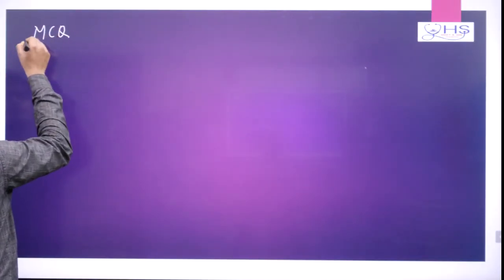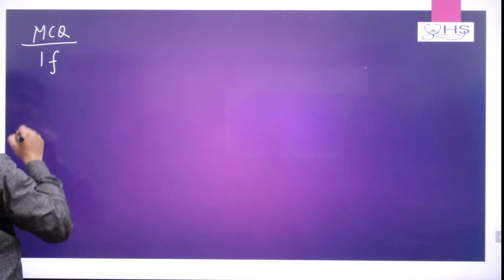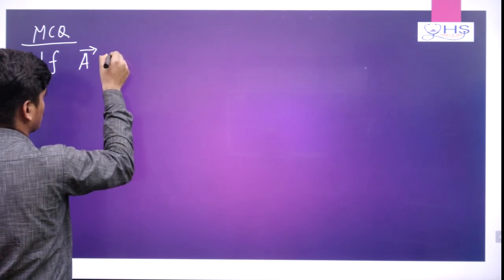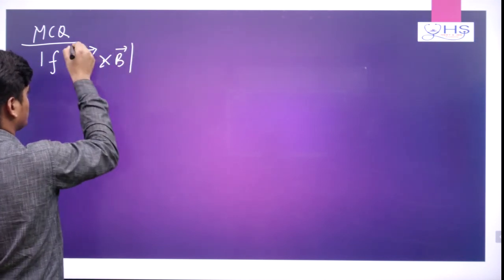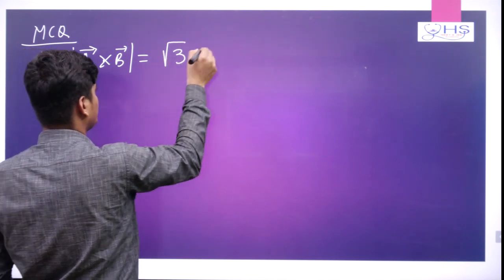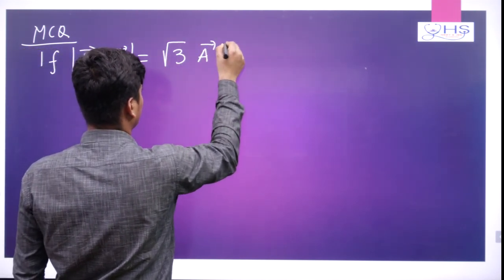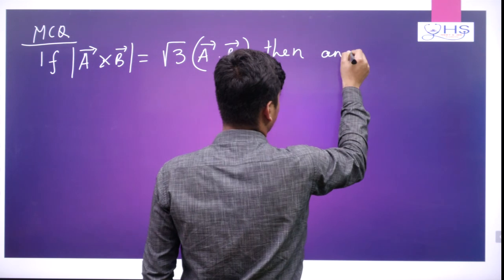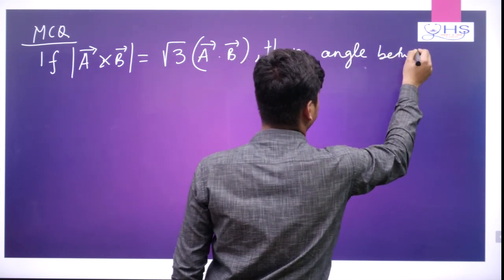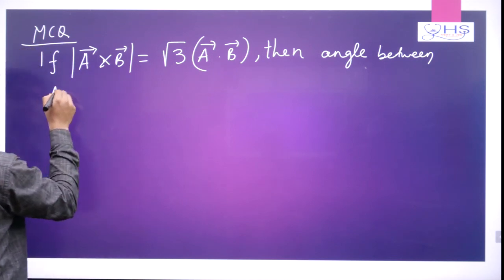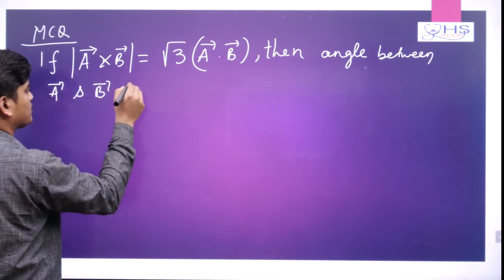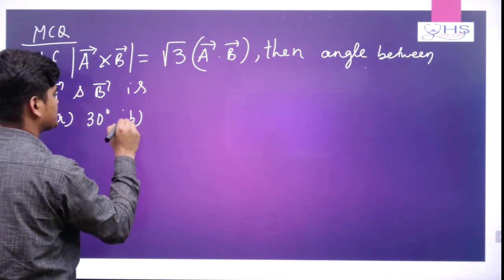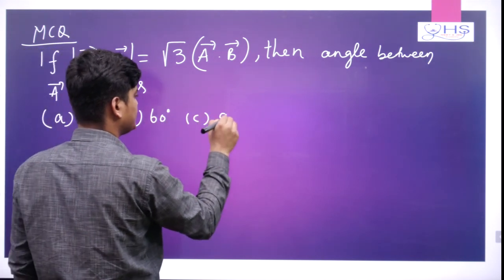Suppose it is given, if magnitude of A vector cross B vector is equal to root 3 times A vector dot B vector, then the angle between A vector and B vector is, so the options I am giving: A 30 degree, B 60 degree, C 90 degree, option D 120 degree.